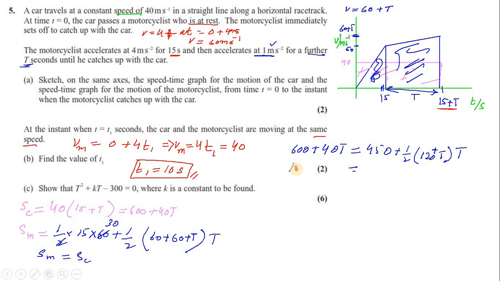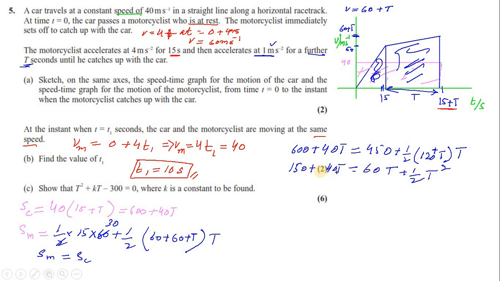So 150 plus 40t is equal to, you multiply with half and t with the 120 and the 60, so this is 60t, and half of t squared plus half of t squared.